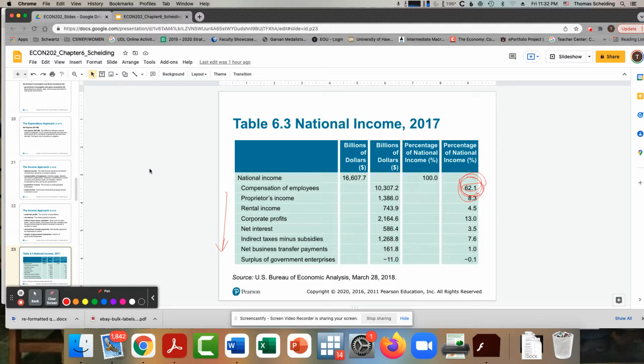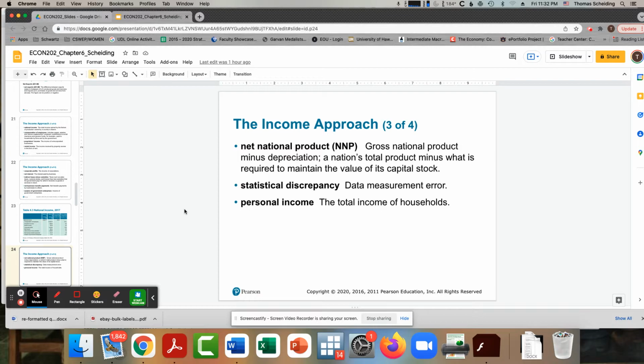Which is why, generally speaking, we like to use the expenditure approach, because there we're just doing C plus I plus G plus NX. It's a little bit easier just to do adding up those four things rather than these eight. It's twice as easy.